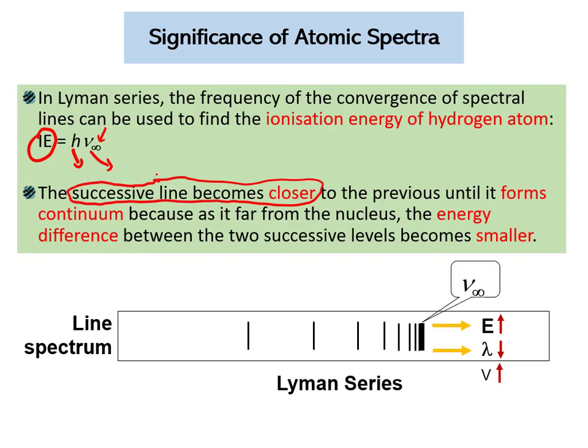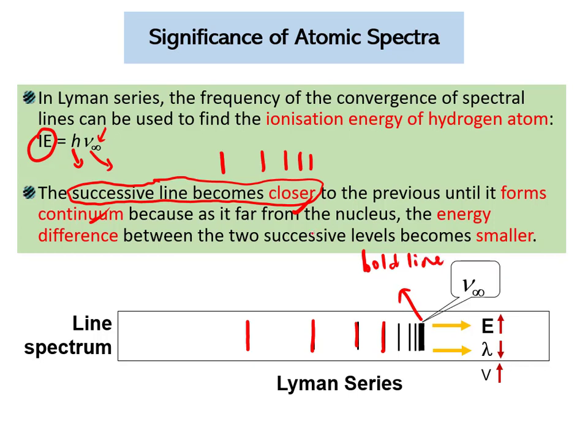Successive lines, the consecutive lines, become closer here. So each successive line becomes closer to the previous one until it forms a continuum. It is like this, like a bowl line.